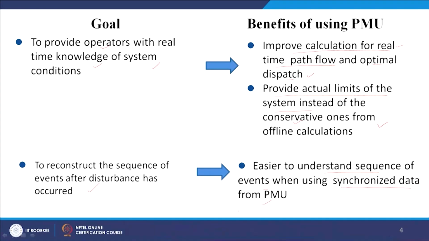How this disturbance has occurred, if I have some recording on an online basis, if we can record the data from where the disturbance has originated and where it ended. So, those data sequences we can always record by using this type of monitoring system.